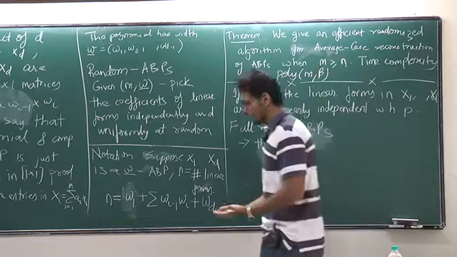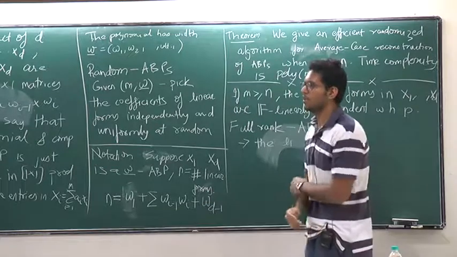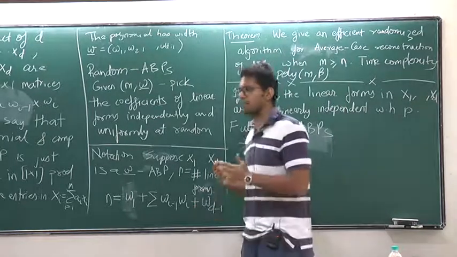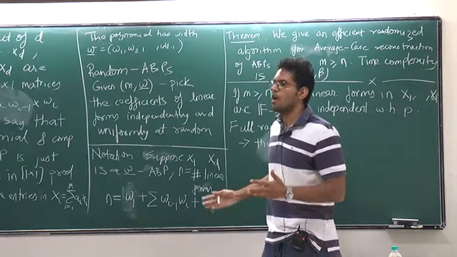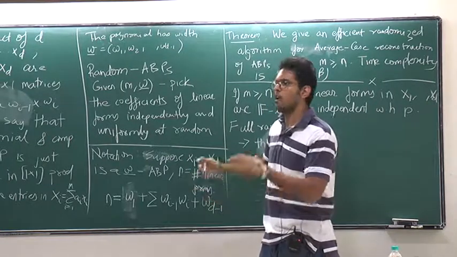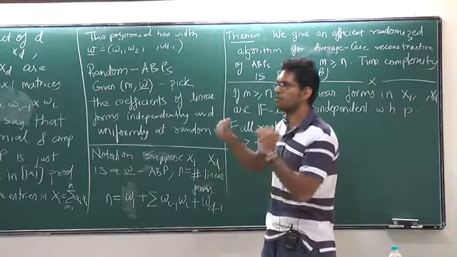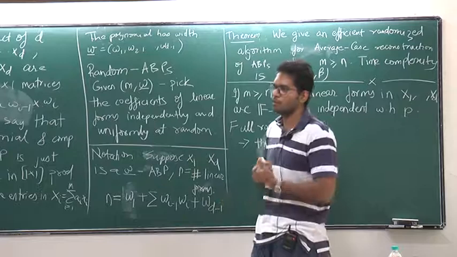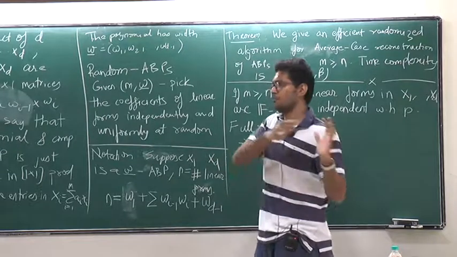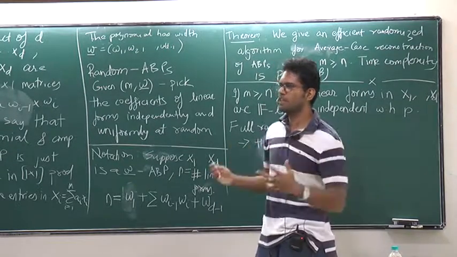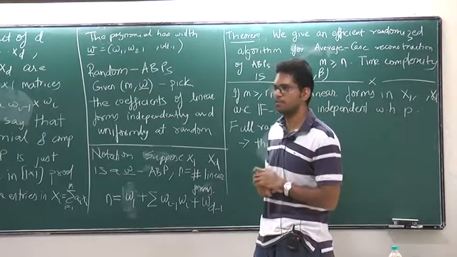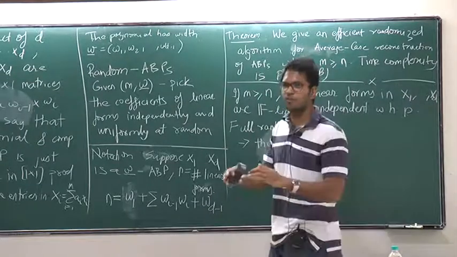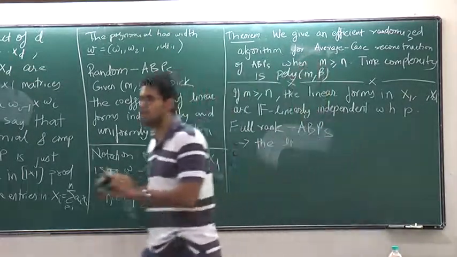You're given an input m-variate polynomial, and it begins by assuming that it's computable by a full rank ABP, goes through the algorithm, and outputs a full rank ABP. Eventually it does a PIT test to check whether F is equal to the polynomial computed by this full rank ABP. If initially your assumption was wrong, then this PIT test should catch it with high probability. So I hope that's clear. For the rest of the talk, we'll assume that the input polynomial F is computable by a full rank ABP.